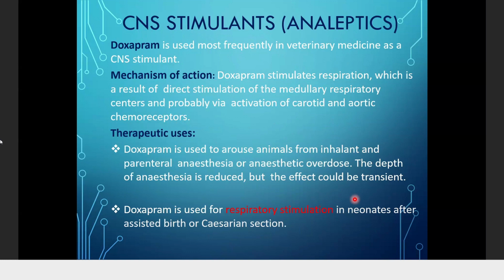But the effect could be transient. Therefore sometimes you can increase it, depending on individual variation in cats and dogs, and you give an agent that can have an effect on the CNS.